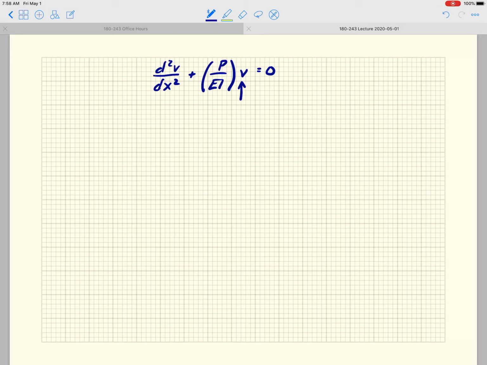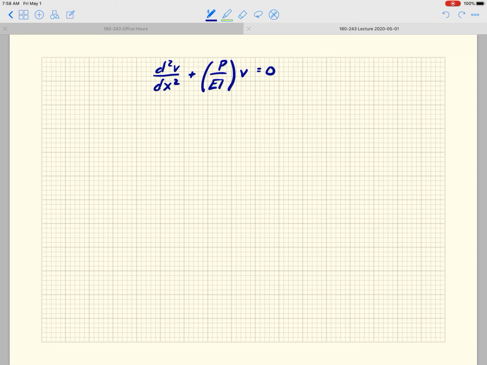Because we have this second v there, because the moment is a function of the deformation, more deformation, more moment. Less deformation, less moment. So there's some coupling between the moment that is driving the deformation and the deformation itself.